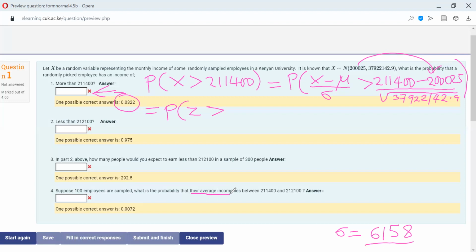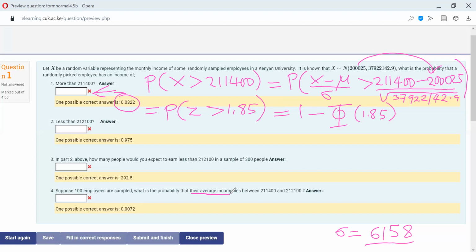Now divide by 6158. So that becomes 1.85, which we are supposed to read from the tables, and this would be 1 minus phi of 1.85.